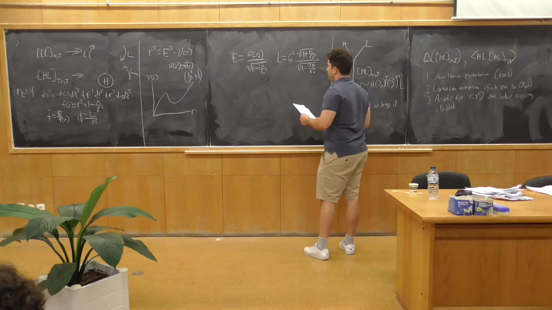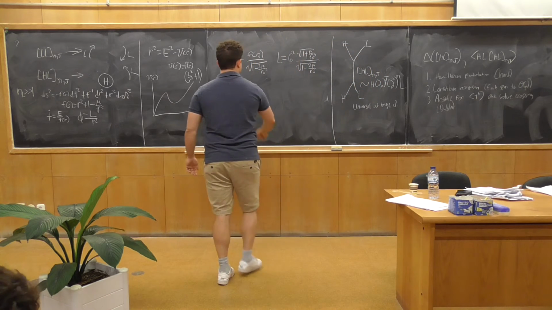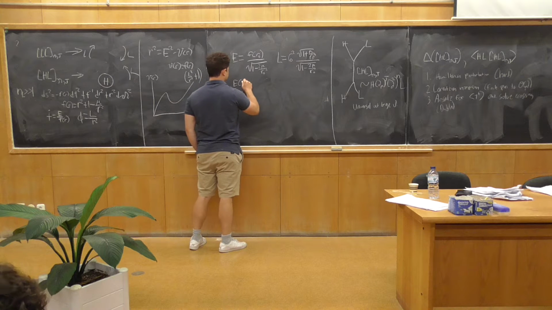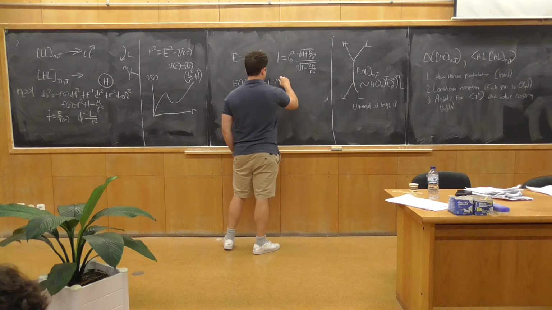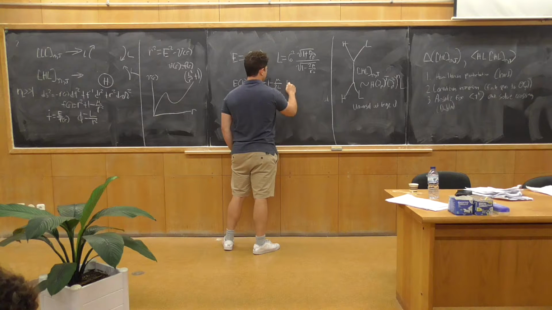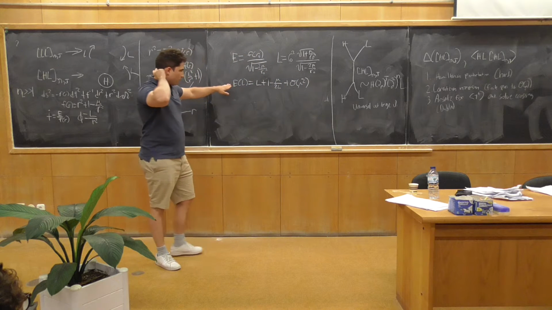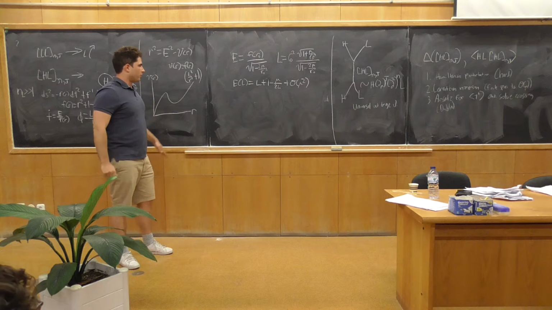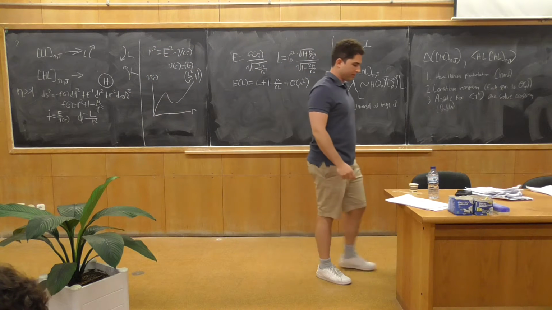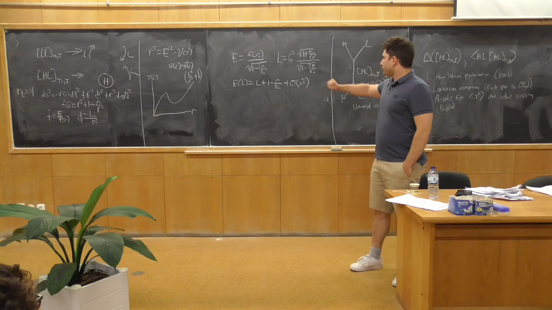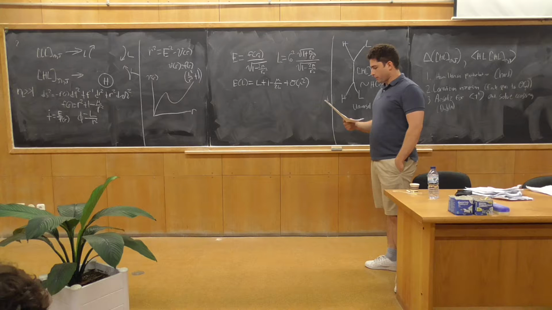And now we just solve for E of L. E of L is equal to L plus 1 minus mu over 2L plus order mu squared. So we have the energy as an expansion in mu, and at mu equals 0, this is the equation for a circular orbit in AdS, and then there are higher corrections.